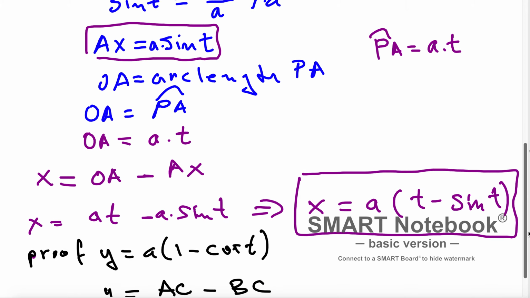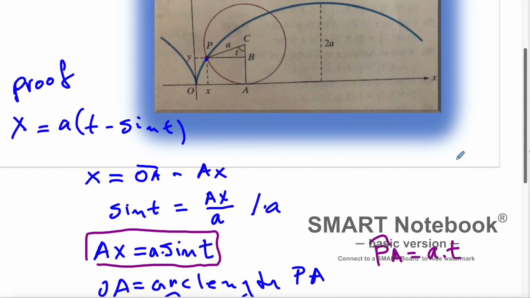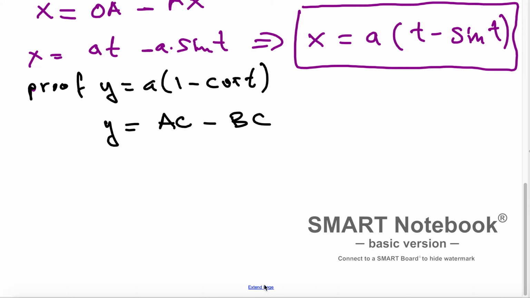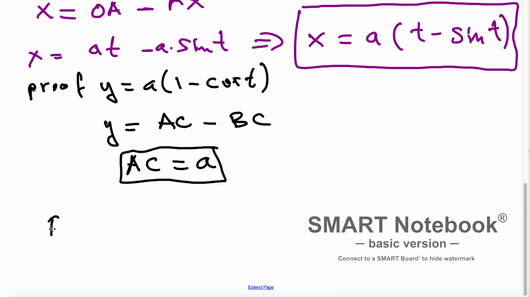Now AC, what is AC? AC is equal to the radius of the circle, which is a. So AC is equal to a, and we found this from the figure. But we want to see what BC is, and we look at the small triangle.